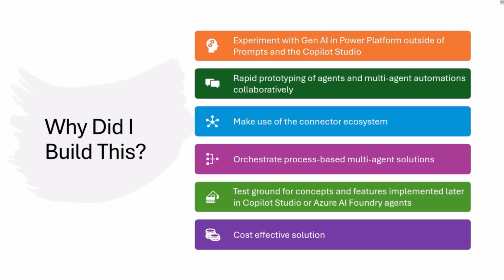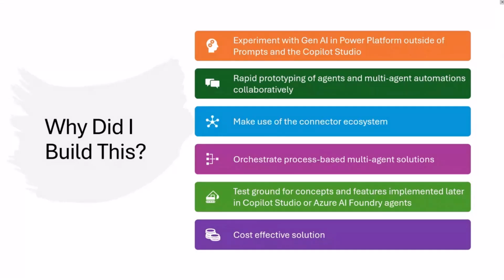So I decided to build a Power App, so I can build agents and share them with my colleagues and work on them together. And then I realized, why not use the connector ecosystem? So use flows to connect my agents with enterprise data in the same way as Copilot Studio does.